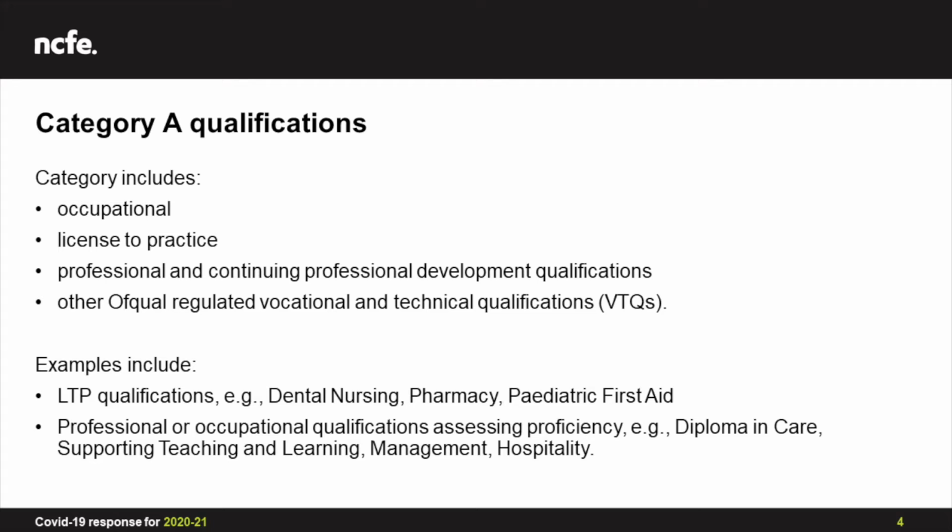Examples include license to practice qualifications, so for example, dental nursing, pharmacy, and paediatric first aid. It also includes professional or occupational qualifications assessing proficiency, so for example, diploma in care, supporting teaching and learning, and management and hospitality.